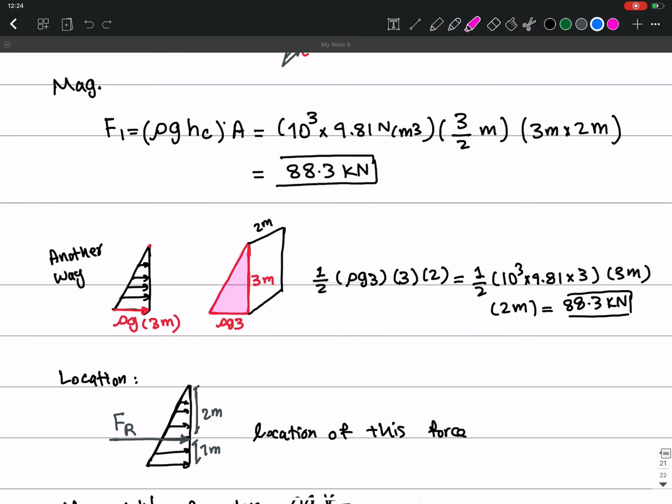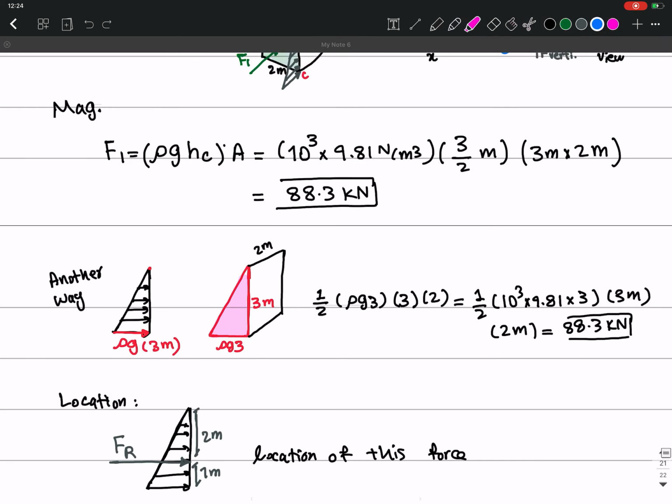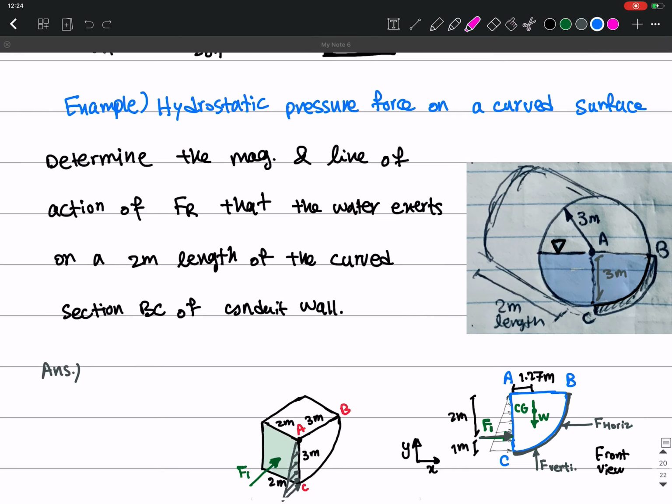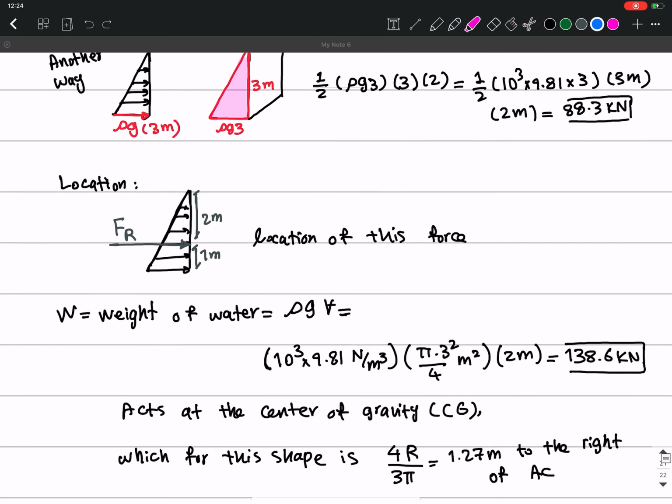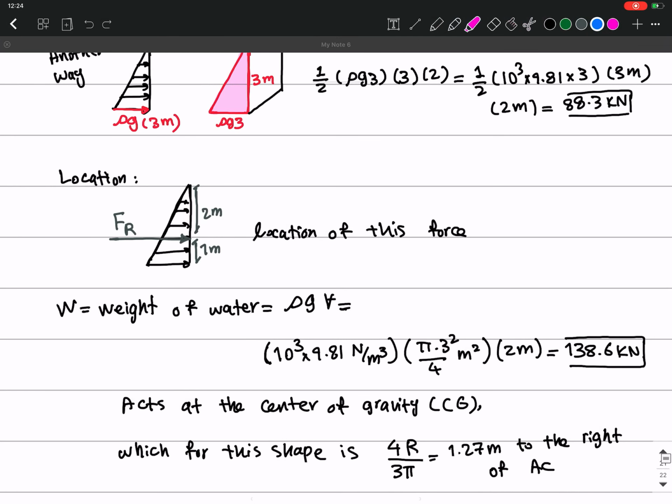Either you use the hC from the first moment, or you use this method that I showed here, which is just simple geometry calculations. And then the location of that force can be found by the second moment of area, which for this triangle is going to be 1/3 from the bottom of that.